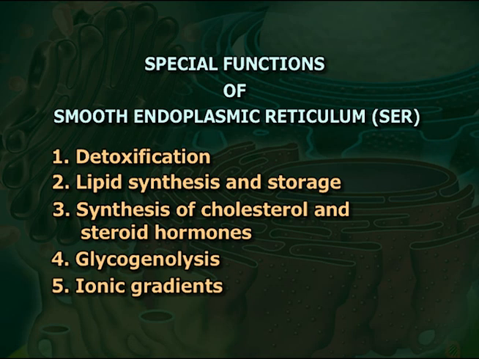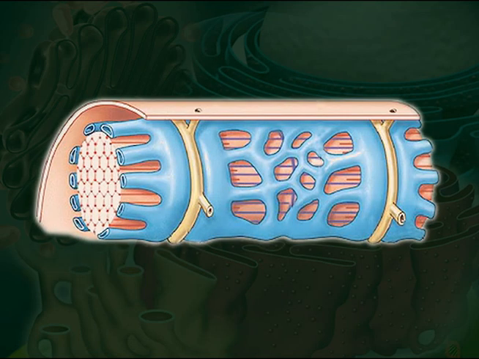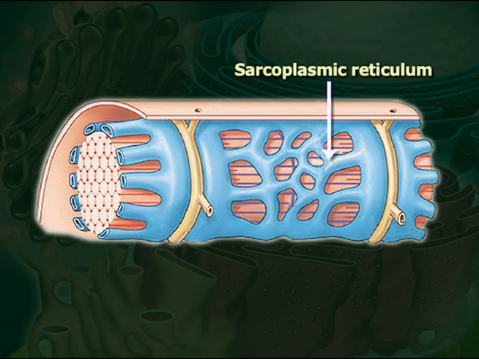Ionic gradients. In striated muscle cell, there is an extensive, highly specialized SER called the sarcoplasmic reticulum, which is involved in carrying the stimulus from the nerve cell into the cytoplasm of the muscle fiber. SER is a delicate plexus surrounding the myofibrils.